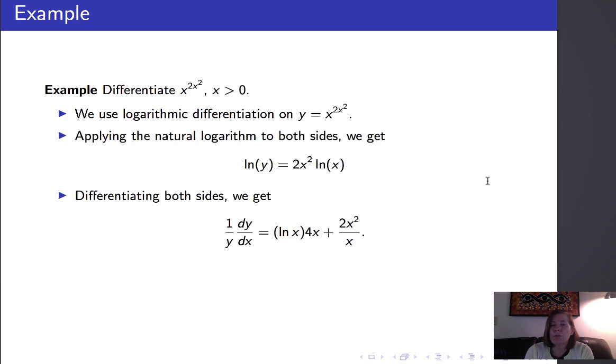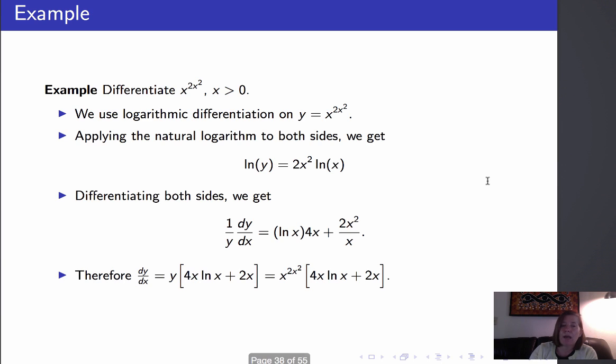When I differentiate the right-hand side using the product rule, I get 4x times the natural log of x plus 2x. Now multiplying both sides by y, I get dy dx is y times 4x times the natural log of x plus 2x, and then converting the y back to x values, I get my derivative is x to the 2x squared times 4x times the natural log of x plus 2x.